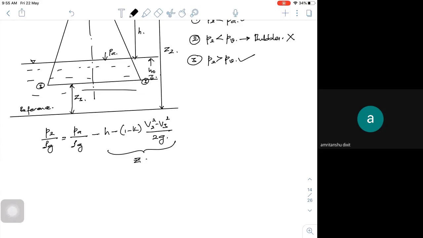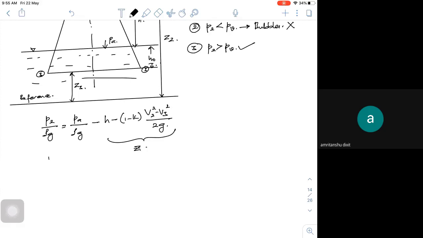I need to ensure that this whole thing, if I call it Z, then this equation is P2 by rho g is equal to PA by rho g minus Z. Now, for no cavitation, I should ensure that this quantity is greater than your vapor pressure, PV.